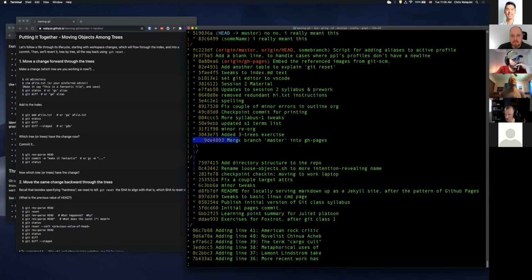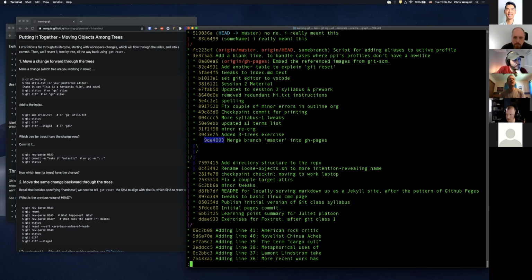This is an interesting one here because it has two parents. That's the definition of a merge. A merge commit is one that has more than one parent. Let's just prove that to ourselves.